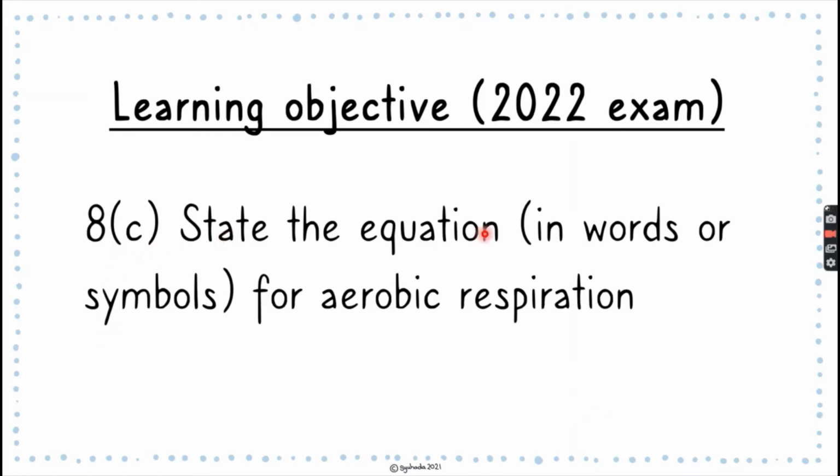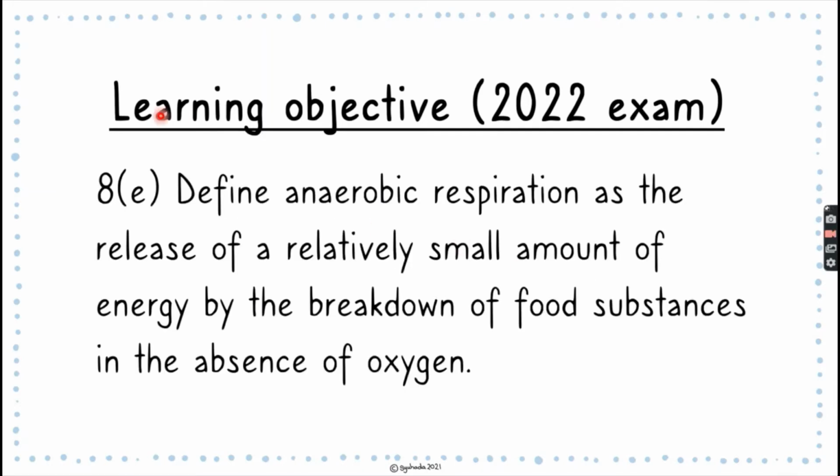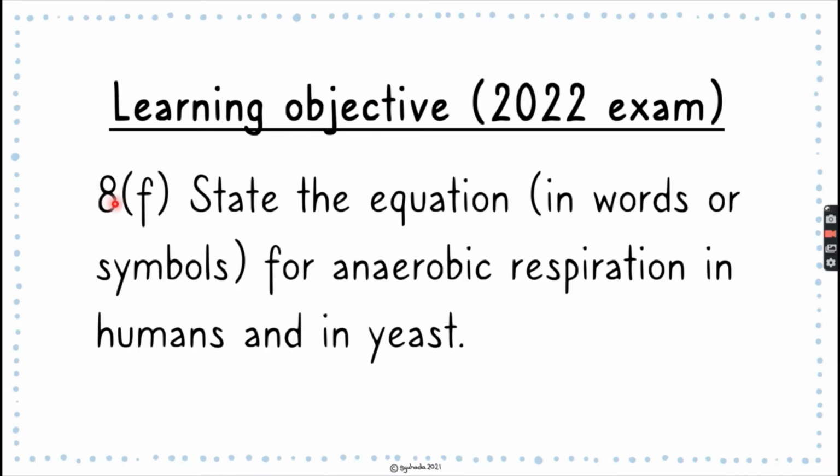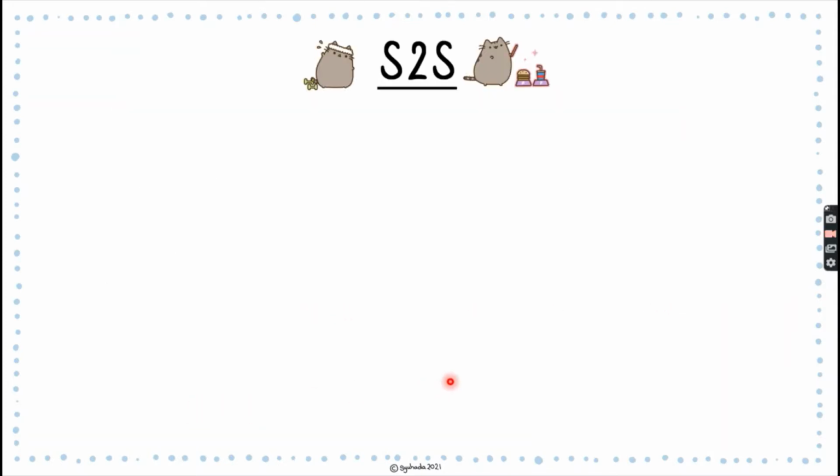State the equation in words or symbols for aerobic respiration. Next, it's 8E. Define anaerobic respiration as the release of a relatively small amount of energy by the breakdown of food substances in the absence of oxygen. 8F, state the equation in words or symbols for anaerobic respiration in humans and in yeast.